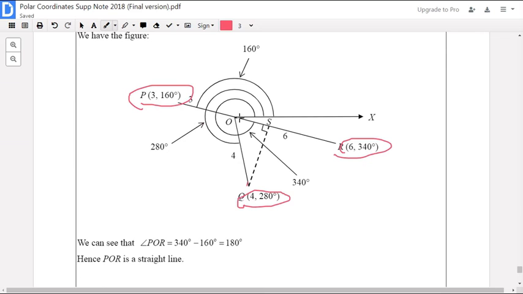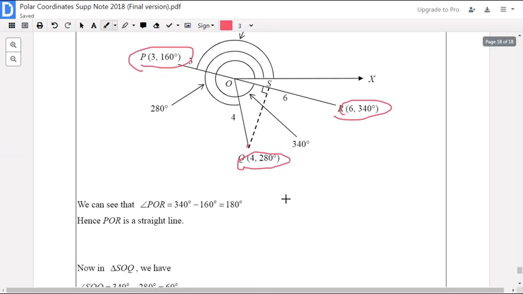It is not a triangle. Instead, it is a straight line. So we let the foot of perpendicular of Q onto the line POR be S. In triangle SOQ here, OQ is 4.